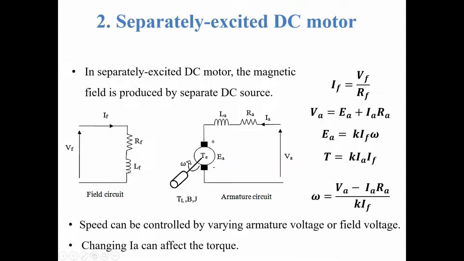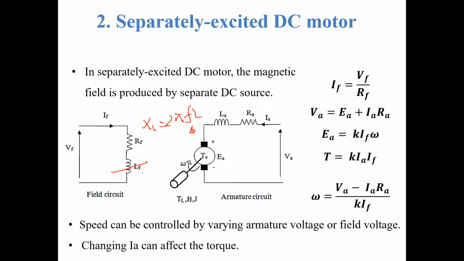But this inductive reactance XL depends on the frequency, 2 pi F L. In DC, the frequency is 0, hence this quantity will be 0, or the impedance of the inductance will be 0.